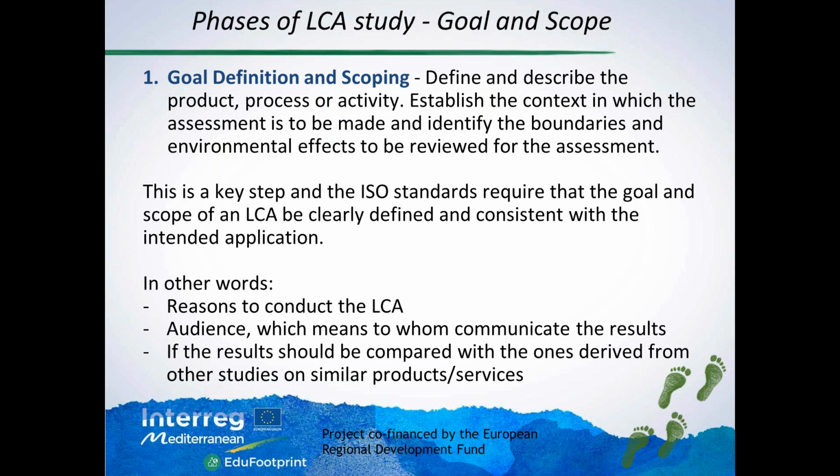Do you remember the one, from cradle to gate, from gate to gate, from cradle to cradle? So the boundary, what you are focused on, and environmental effects to be reviewed for the assessment. This is a key step, the main step, because you start from this point, goal definition and scope definition.